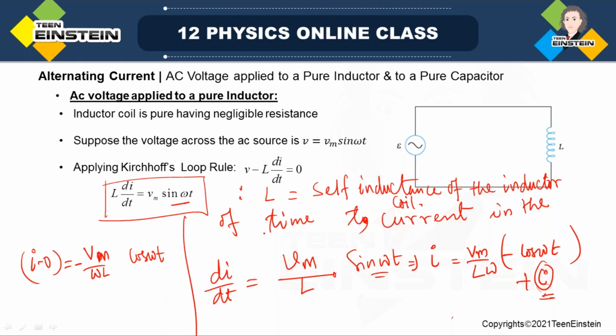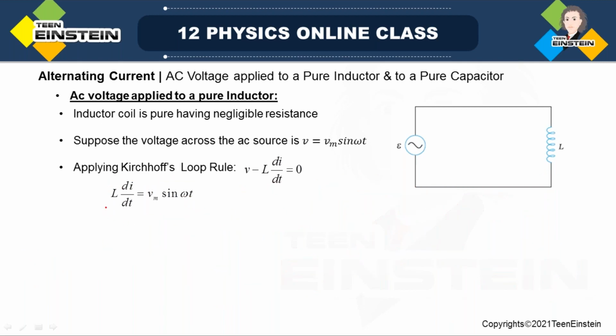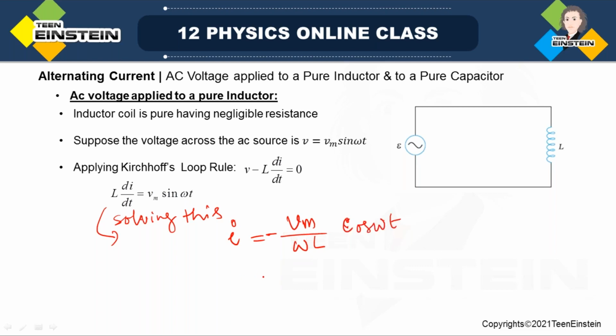So what is the current we have got now? Solving this, we'll get current I is equal to Vm by omega into L, with a minus sign over here, and cos omega t. See here, first of all you have got a minus sign.